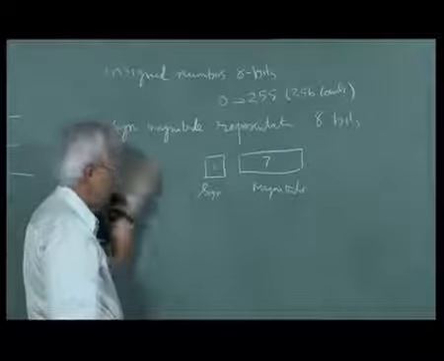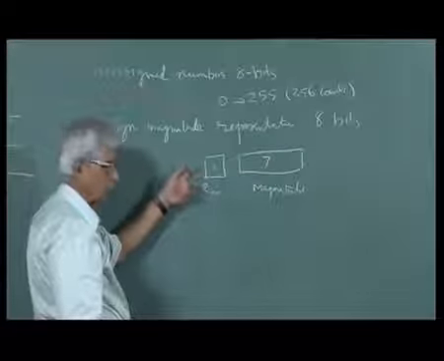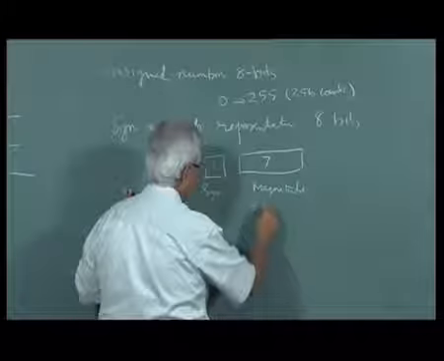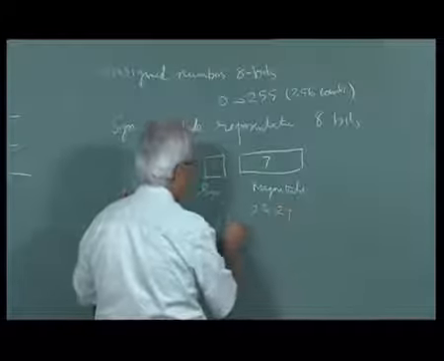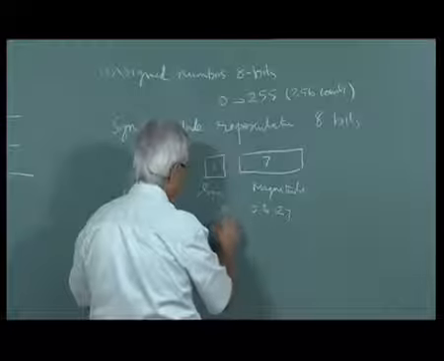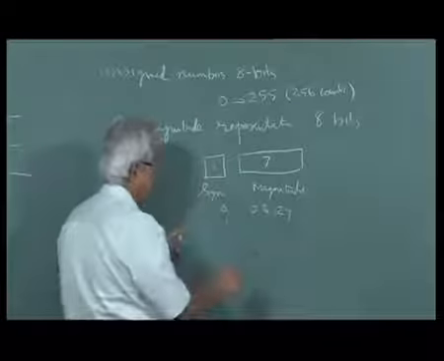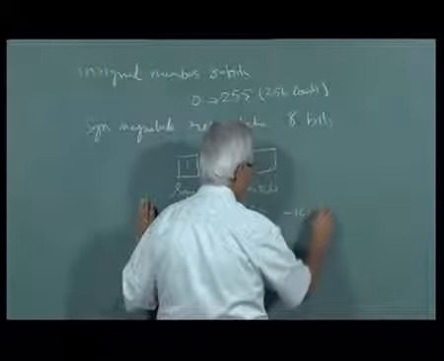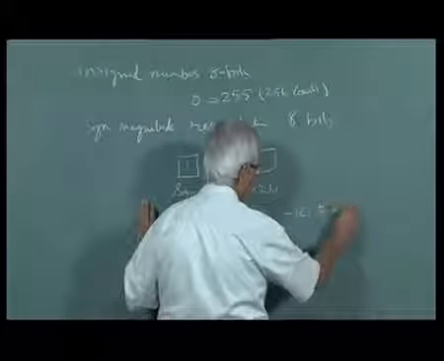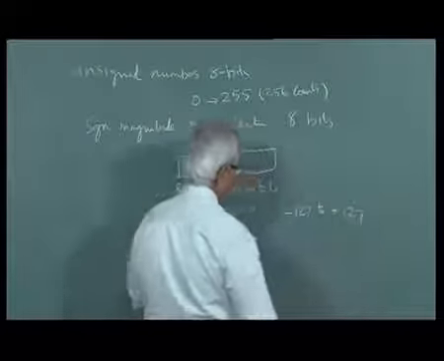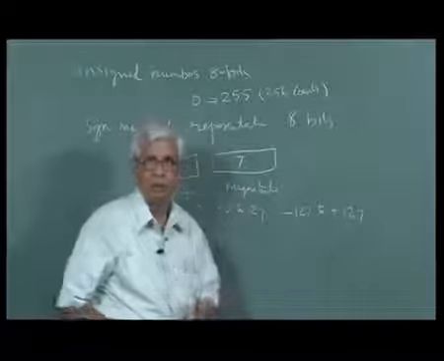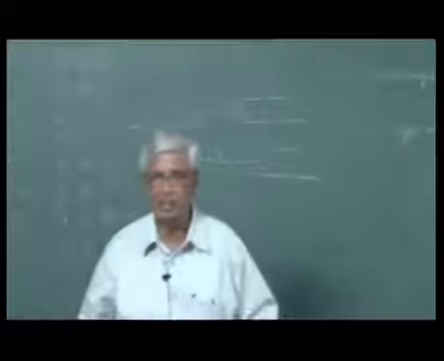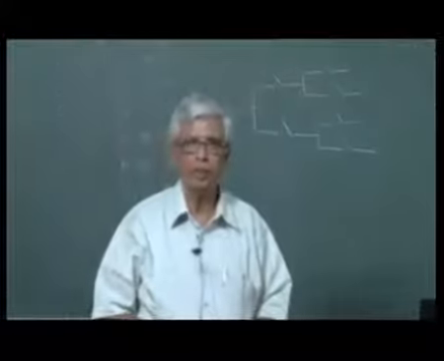If it is 0, it is a positive number, if it is 1, it is a negative number. So I can have 0 to 127, and the sign can be 0 or 1. So that is minus 127 to plus 127. There are only 254 levels, whereas I can have 255 levels, but that is what you do for sign magnitude.